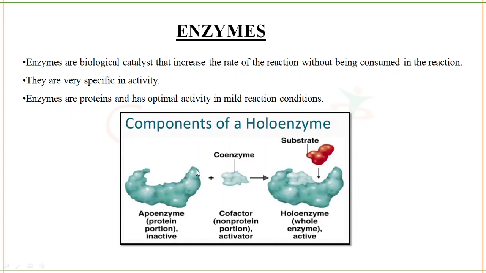It is inactive until it is attached to a cofactor or a coenzyme. This is another part, but this is non-protein. It's just an activator. When this coenzyme or cofactor binds to the apoenzyme, it becomes a holoenzyme. It will be a complete enzyme. It will be active and then the substrate will come and bind to this enzyme.